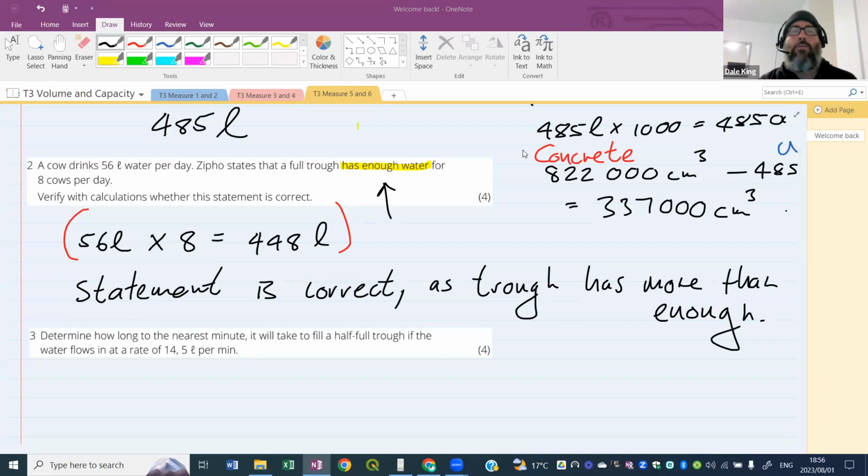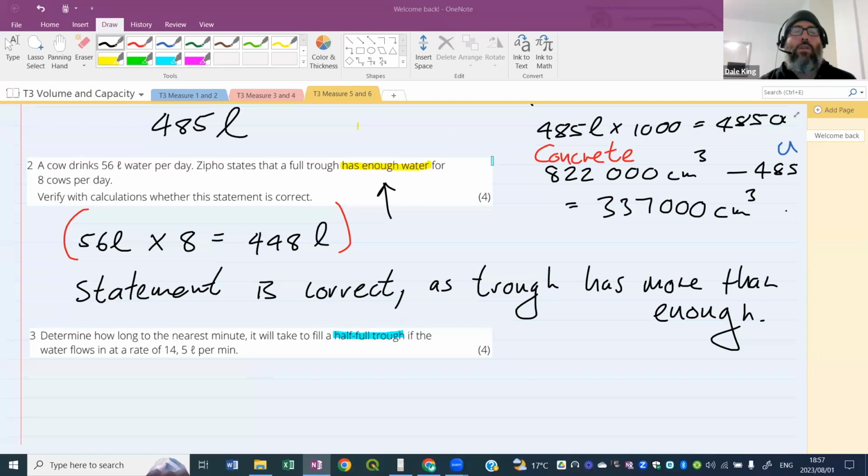Where are you getting the 45 from? First thing we need to do is work out what is half a trough. A full trough is 485, so what is half a trough? Ben's got an answer there. He says 33 minutes.